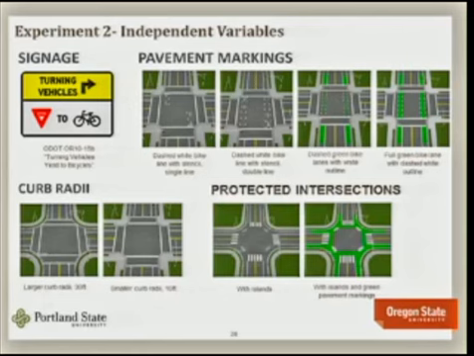We spent an awful lot of time talking to DOT designers and traffic engineers, shortlisting different alternatives that we might be able to implement. We also scanned on the order of 175 journal articles, all discussing right hooks and right turn crashes. And we came up with a list of signs, pavement marking alternatives, modifications to curb returns, and then a relatively novel approach, at least at the time we were doing this work, in terms of a protected intersection.